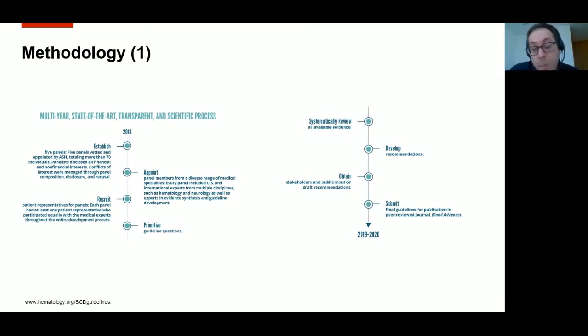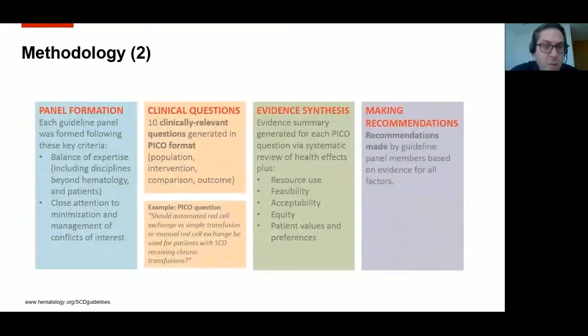And then there were patient representatives that were involved also in the guideline development, at least 1 patient representative per panel. Following a typical process of systematic review of the literature, development of recommendations, but more importantly, obtaining stakeholder input on these before they are published in Blood Advances, one of the recent journals of ASH.